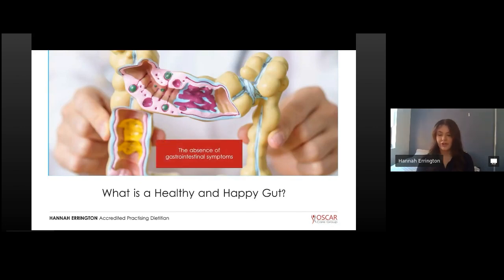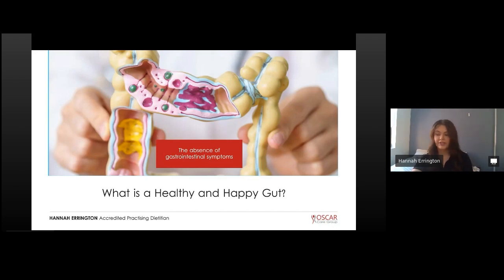There's no set universal definition of what it means to have a healthy gut, but generally a healthy gut is defined by the absence of gastrointestinal symptoms, so abdominal pain, diarrhea, constipation, gas, bloating, and the absence of disease such as inflammatory bowel disease and colon cancers. Having a healthy gut does not mean a complete lack of these symptoms.